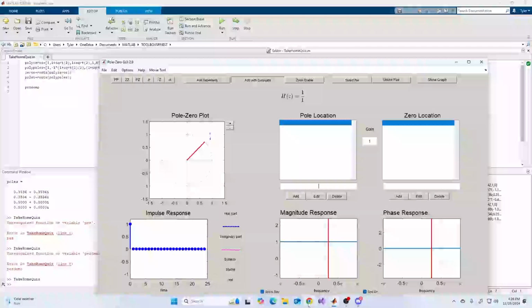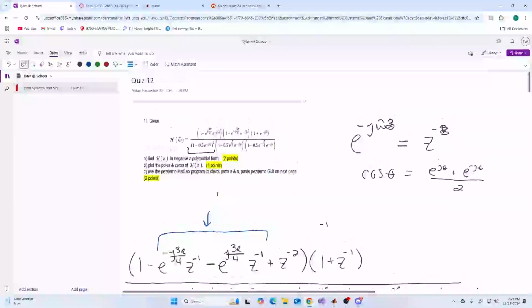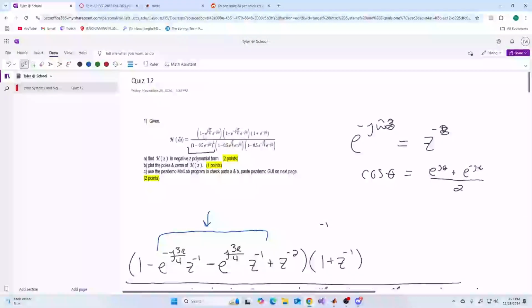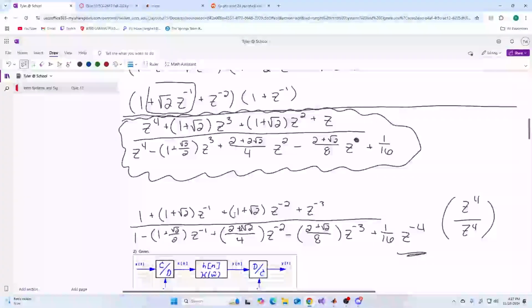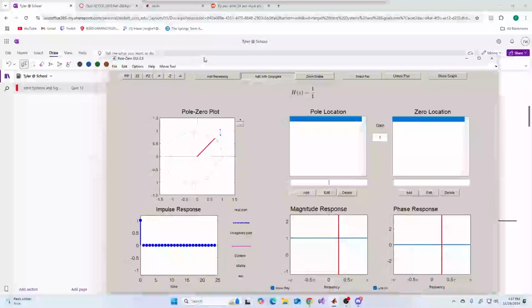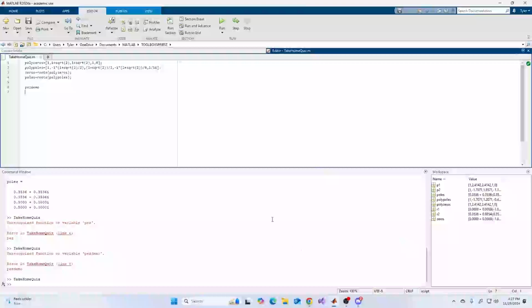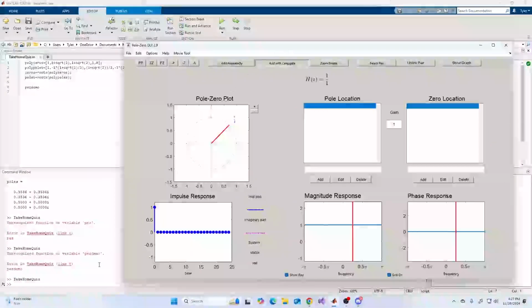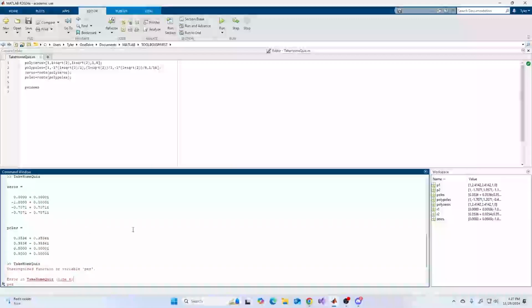I have 1 minus, I don't think I can actually get this. Let's just go ahead and plug in my actual values that I got from MATLAB. Sorry. So let me scroll up to my zeros and poles so we can see them down here.